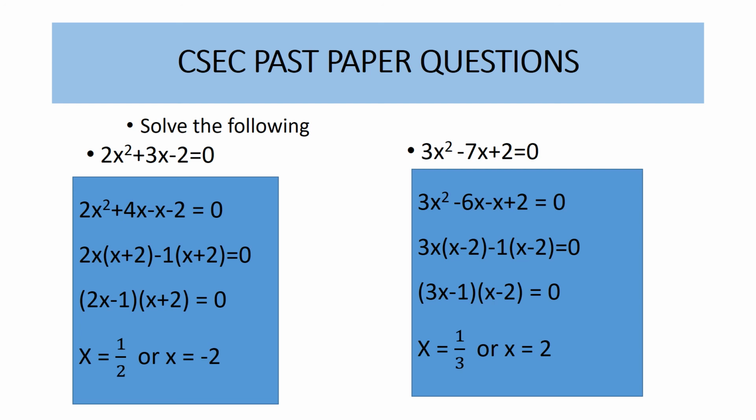Always bear in mind that the coefficient of x squared is not always going to be 1. So in the case where we have 2x squared plus 3x minus 2 equals 0, we need two numbers such that when we add them, we're getting a value of 3, and when we multiply them, we should get the same value as a times c.